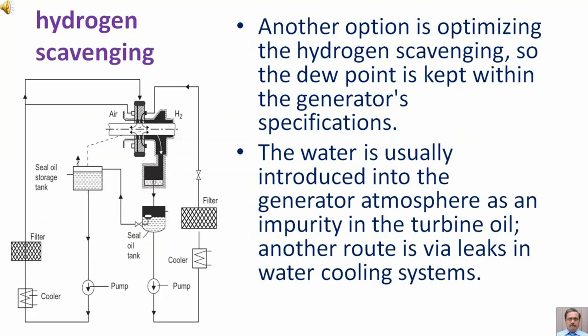Another option is optimizing the hydrogen scavenging so the dew point is kept within the generator's specifications. The water is usually introduced into the generator atmosphere as an impurity in the turbine oil. Another route is via leaks in water cooling systems.